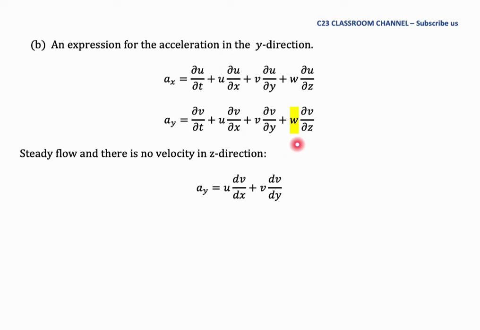Because we don't have the velocity w here, we can neglect the terms of w ∂v/∂z. And then it is steady flow, so dv/dt is equal to 0. So we could say that the acceleration in the y direction is u dv/dx plus v dv/dy. I changed the partial differential ∂v/∂x into dv/dx, because there is no partial differential needed at this moment.